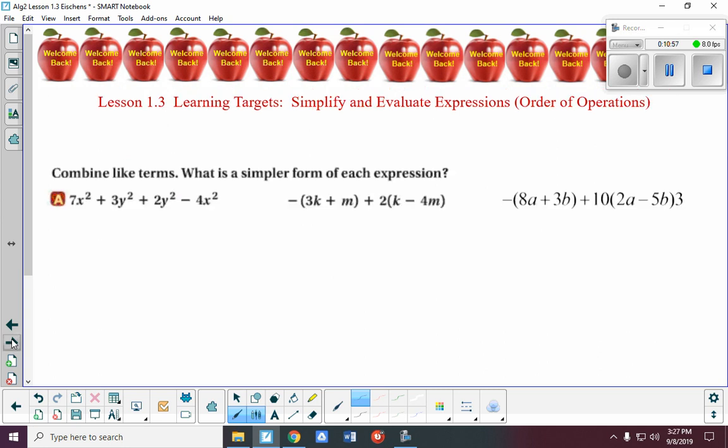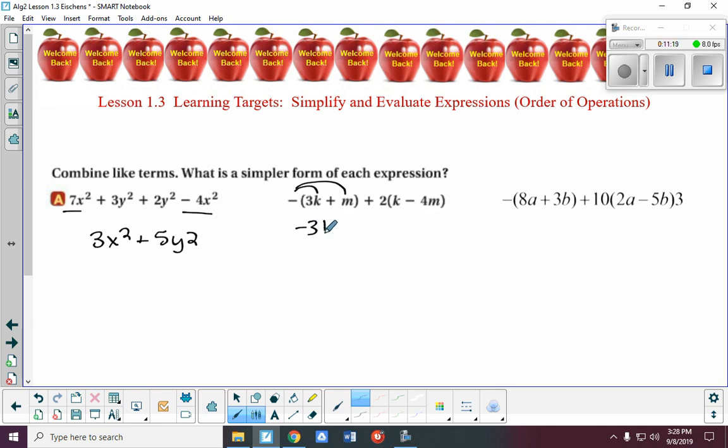So combine like terms. This first example, 7x squared minus 4x squared is 3x squared. 3y squared plus 2y squared is 5y squared. When we combine like terms in the next one, we first will need to distribute to get rid of the parentheses. So this is like a -1 out front.